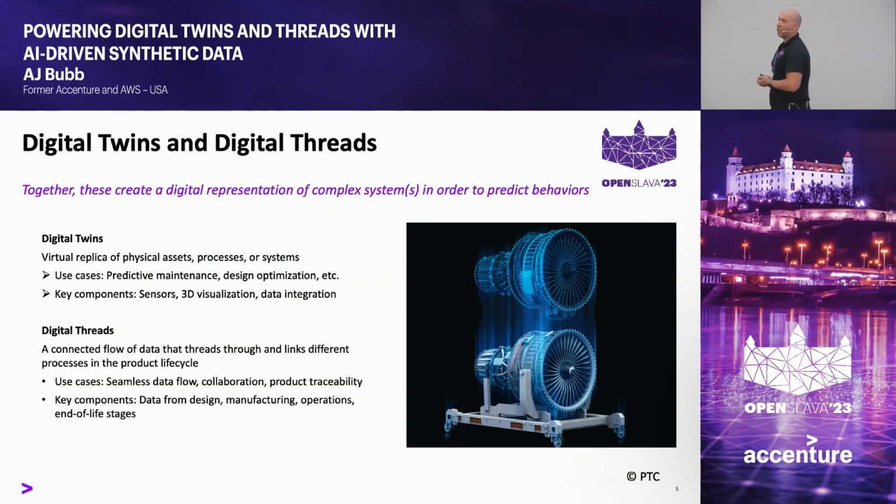Digital thread, on the other hand, you could think of as all of the different data pipelines that power the digital twin. So collecting all sorts of data from sensors, physics models, anything that you could think of, and stringing that together to then be able to power this virtual simulation.